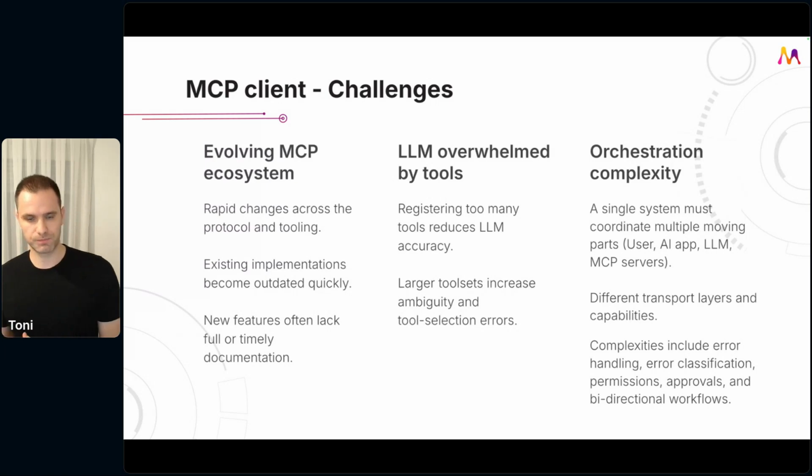On the other side, you have the LLM, and I think on the OpenAI website, they say that with more than 20 tools, the LLM accuracy might drop because the LLM might not be able to figure out which tool to use because there are so many tools registered.